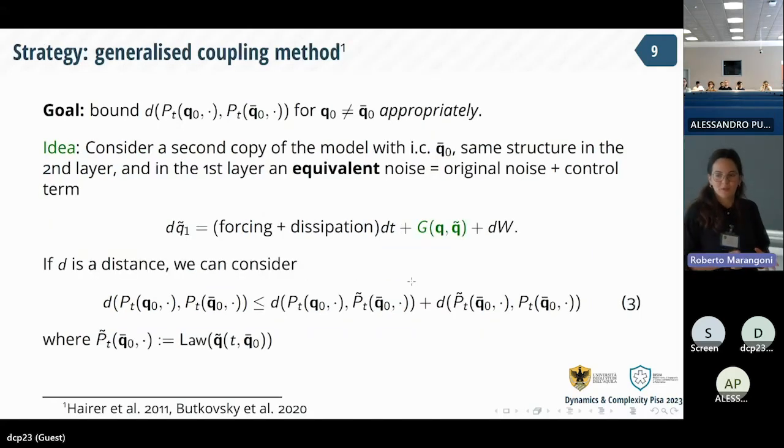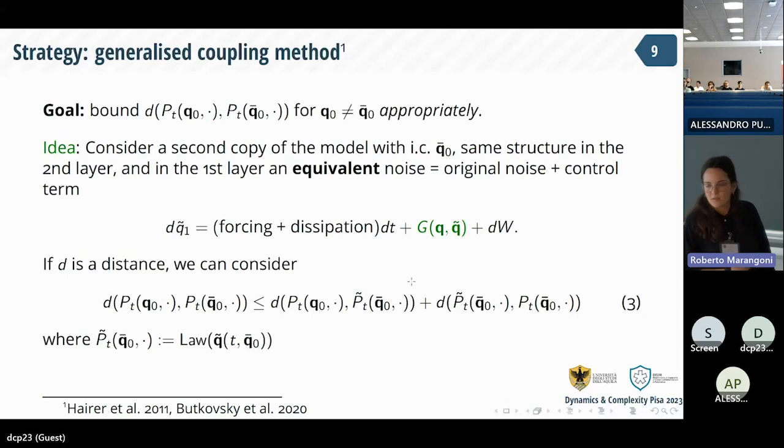I'm going to talk to you a bit about the strategy, but this is very hand-wavy, and if you want more details, I'm happy to discuss this later. To try to show this, we want to apply what is called Harris theorem. Harris theorem is what ensures what we showed before, and it was generalized for SPDEs in this paper by Hairer, Mattingly, and Scheutzow in 2011.